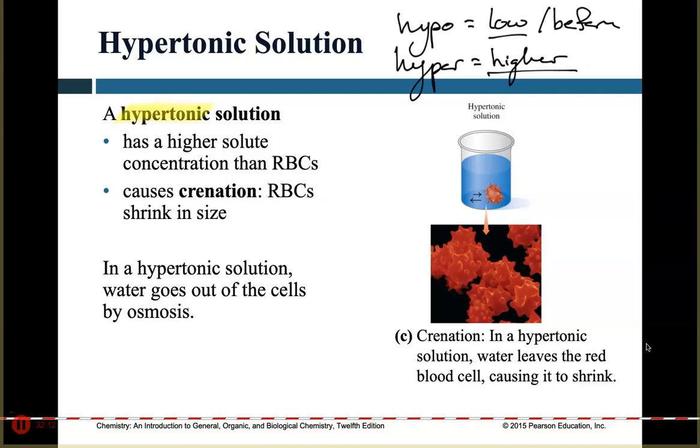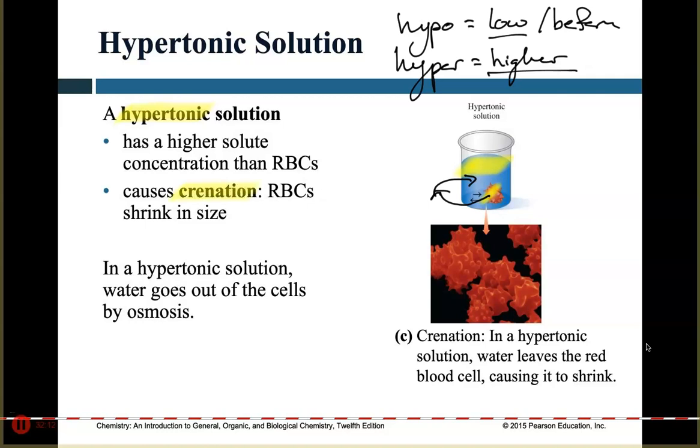What this will cause is a different scenario. Now the solution outside the blood cells is higher in concentration than inside, so water will rush out of the cells to try and dilute that high concentration of salt or biomolecules surrounding it, and this is called crenation.